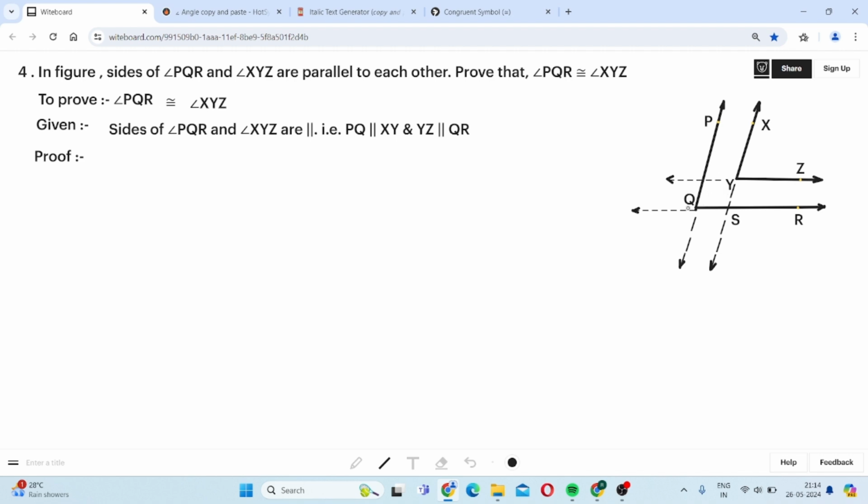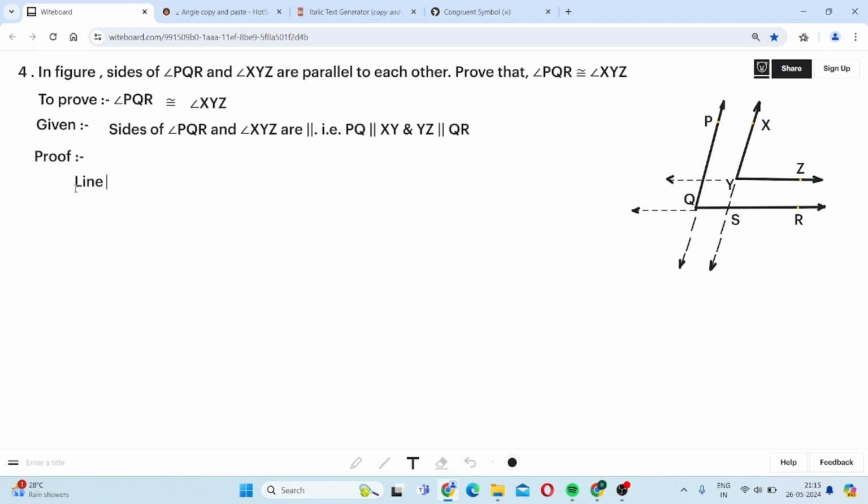Now as the line YZ is parallel to SR, and let's consider that XY is the transversal, then we can say that angle XYZ is congruent to angle YSR by the corresponding angle theorem.